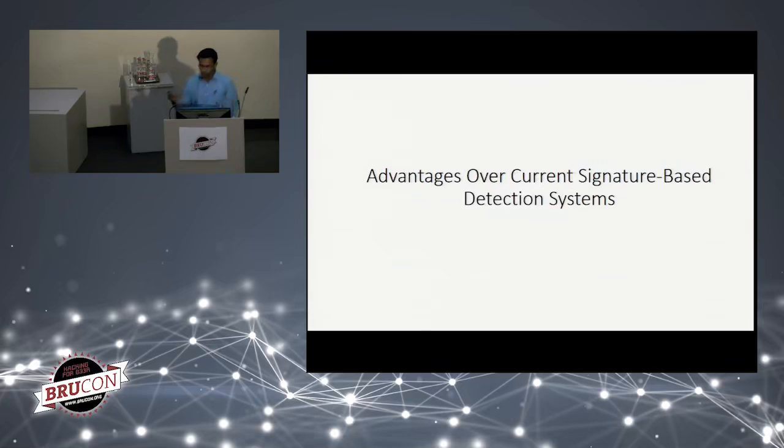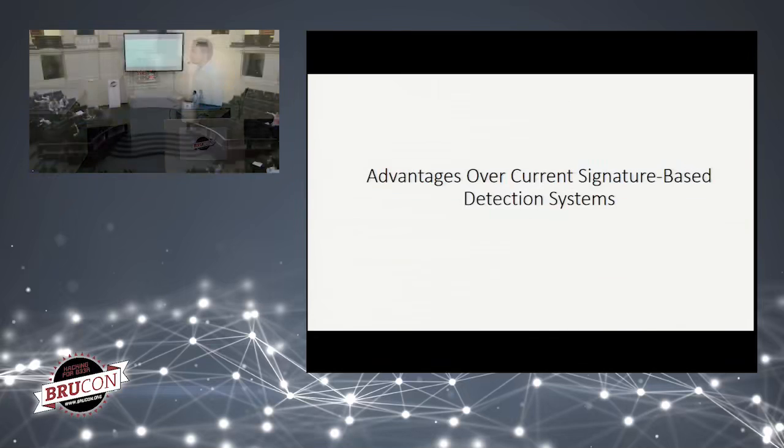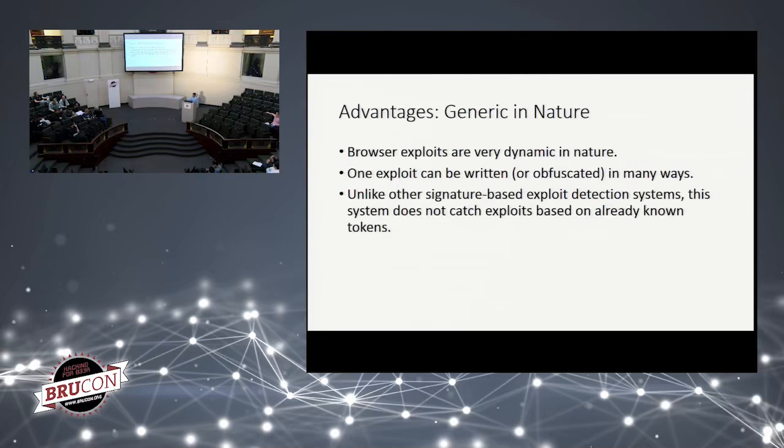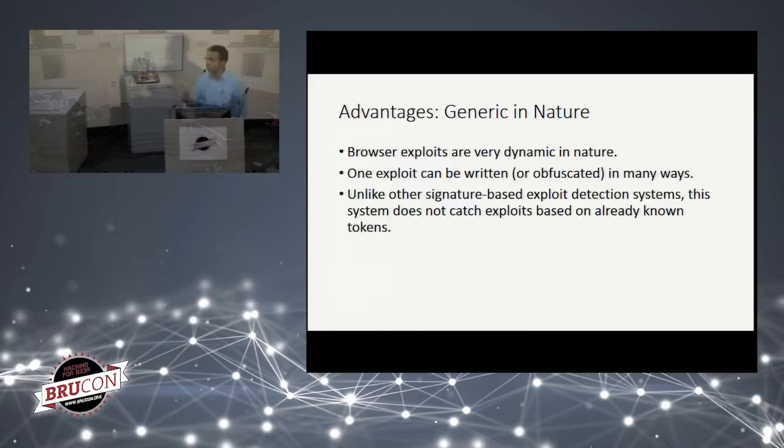Now we'll jump into the advantages the system has over current signature-based detection systems. It is quite generic in nature. It is not a token-based thing, so we are not looking for malicious tokens or malicious JavaScript code in the page. And when we are detecting the exploit, the exploit has already deobfuscated itself, so we are actually inspecting the deobfuscated exploit code.